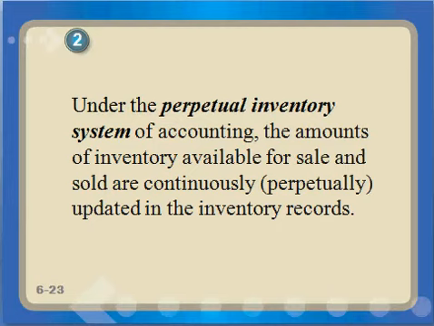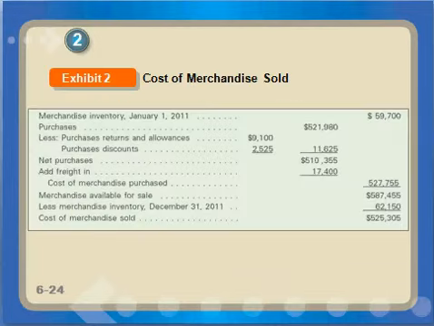Most businesses that are highly evolved, using a lot of technology, you'll see them using a perpetual inventory system because it works great. You can actually have it tell you when you're out of merchandise, show you reorder points, and all of that.